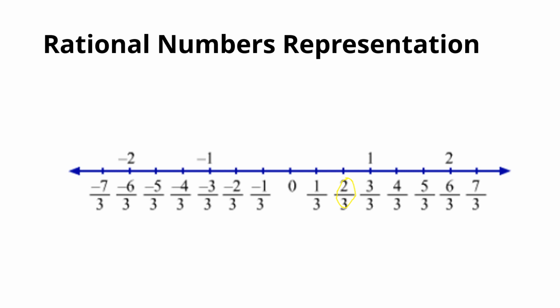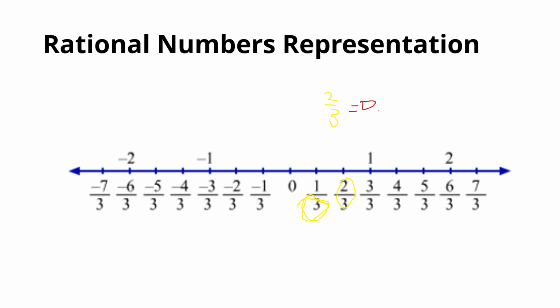Then what you have to do is take as many parts as the denominator. Suppose the denominator is 3. If you check 2 by 3, it is lying between 0 and 1, as it is 0.6.